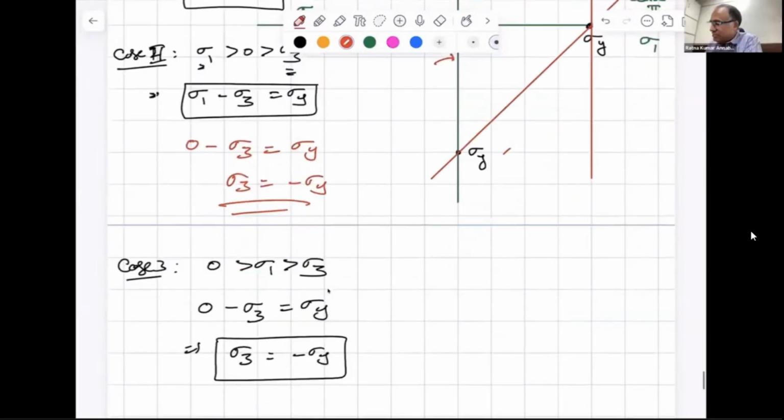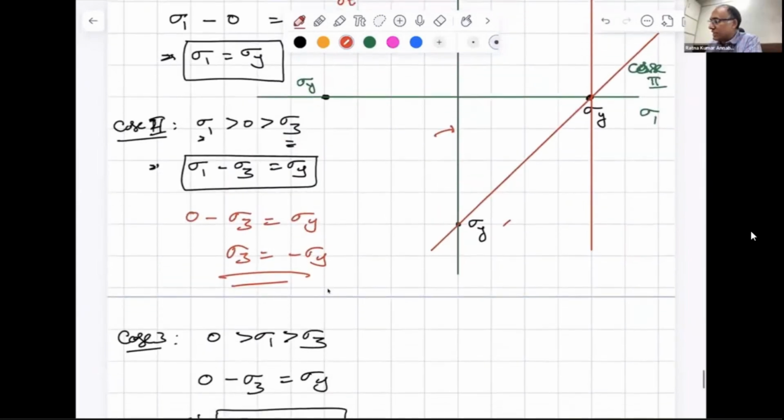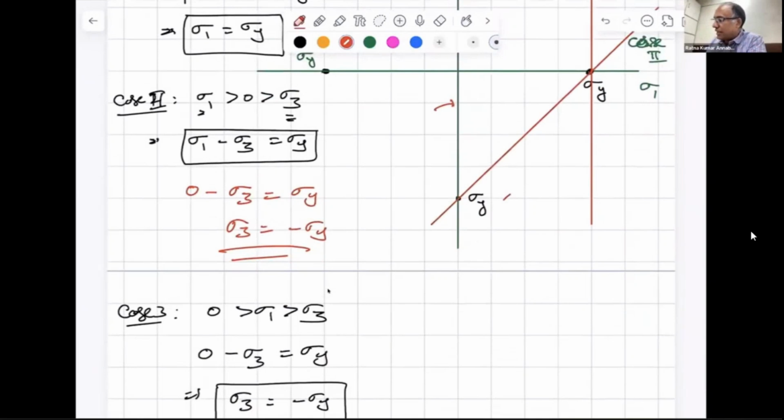So then sigma 3 is equal to minus sigma y. Where is the line? How does the line look like? Sigma 3 is equal to minus sigma y. So the line should look like that. That is my line, right? This is equal to sigma 3. That is case 3. Right?